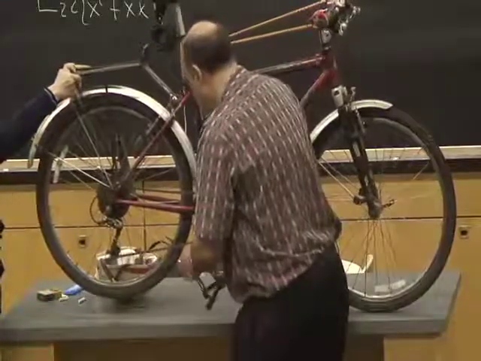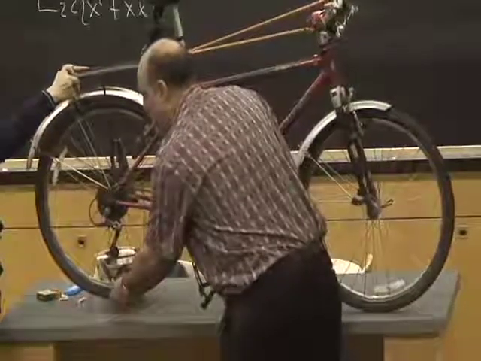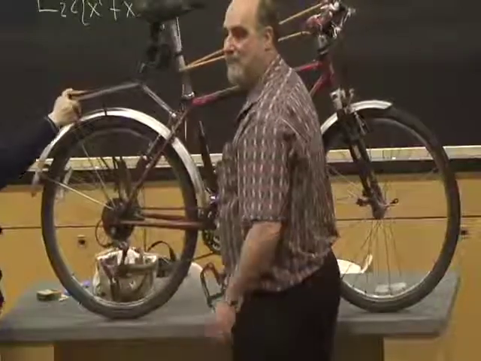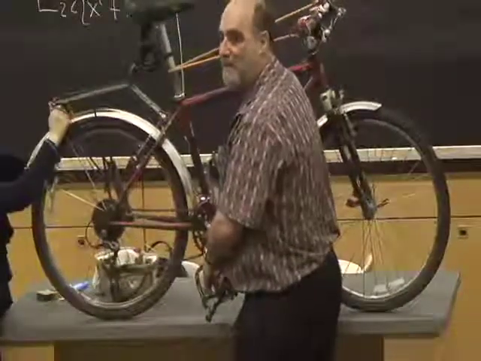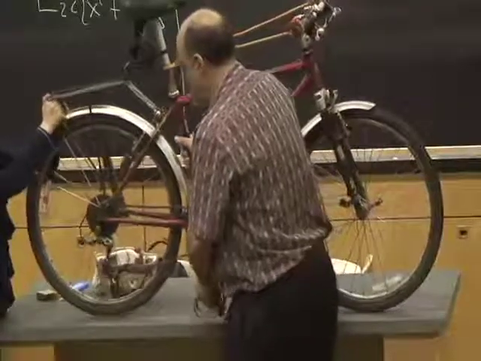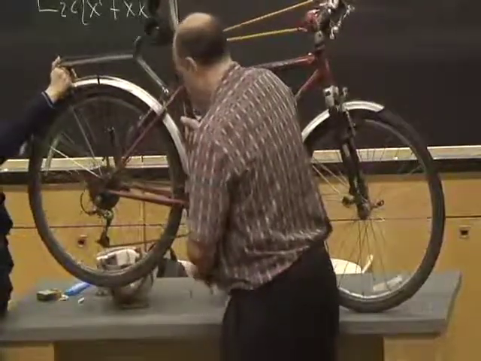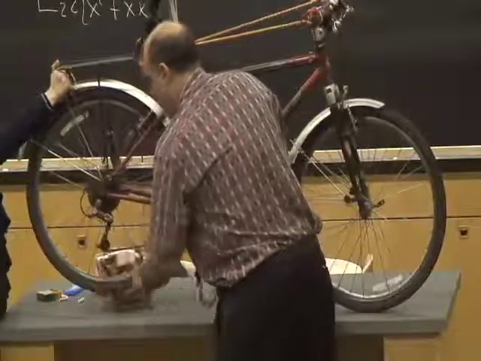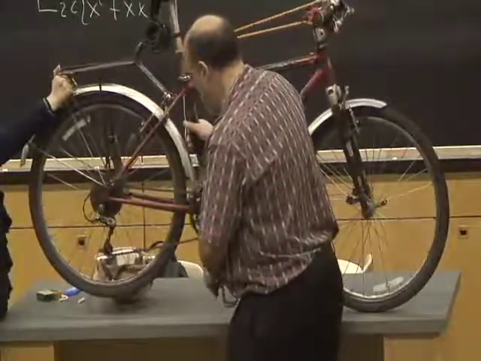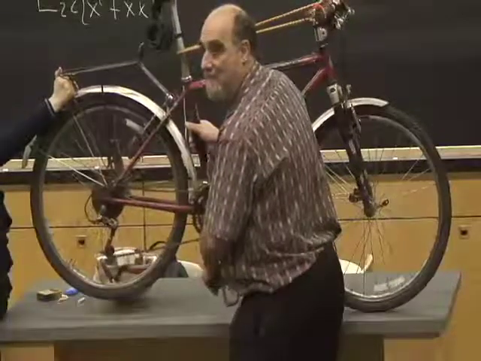So if I want to know the ratio of this force to this force in magnitude, it's equal to the ratio of the velocities. Whichever one is moving slower is the one with the bigger force. So the whole question about which way the bike moves has to do with whether this force is bigger or this force is bigger when we look at this transmission, which is also a question about which moves faster on this bicycle, the pedal or the wheel.